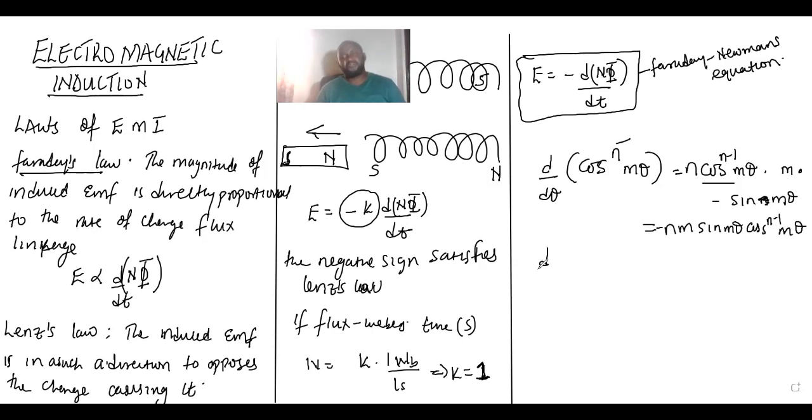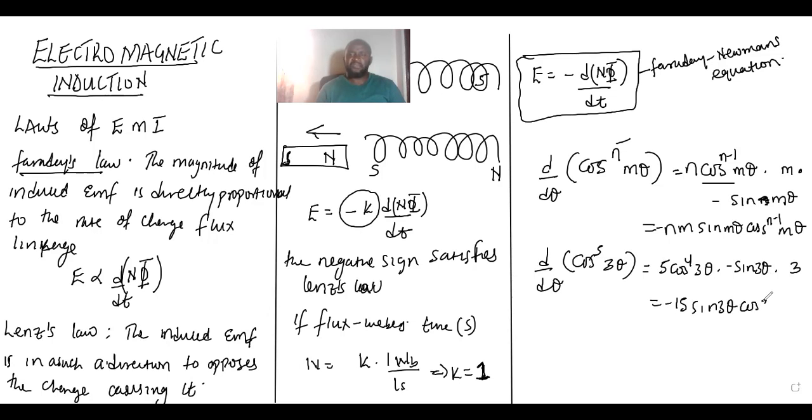Now, to see it clearly in figure form, if you have cosine to the power 5 of 3 theta, the answer will become 5 cos to the power 4 of 3 theta, times differentiate the trig function, cos, you get a negative sine of 3 theta, differentiate the angle, you get 3. So you get a negative 15 sine 3 theta cos to the power 4 of 3 theta. Now here, we differentiated cos omega t.